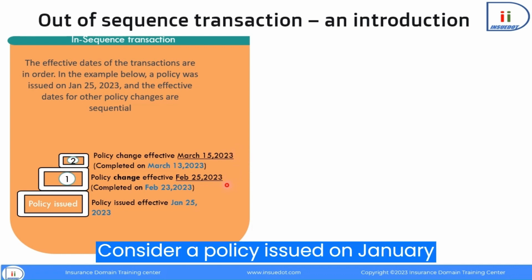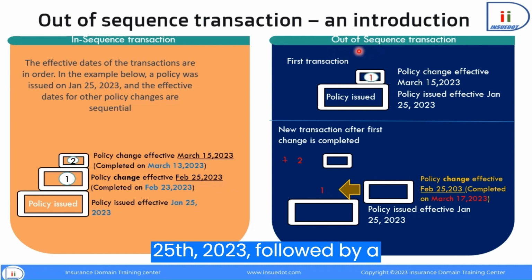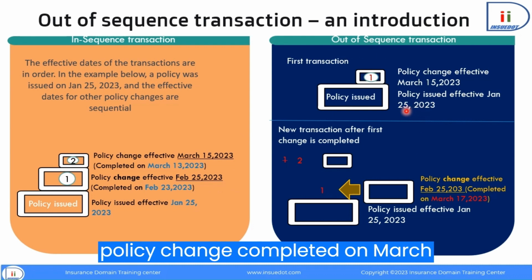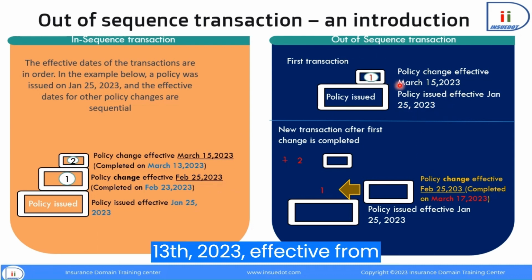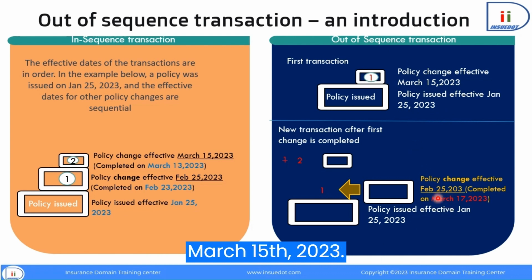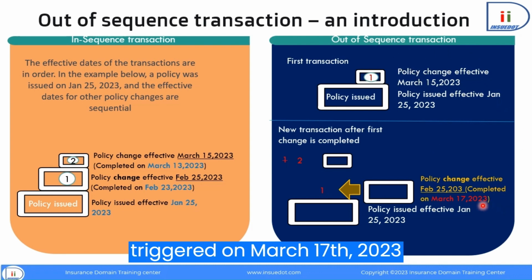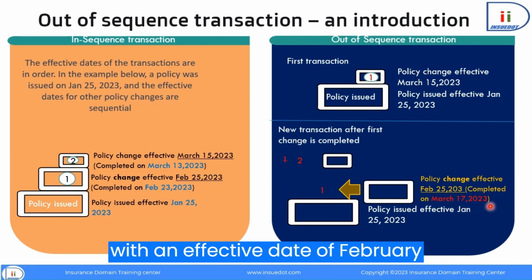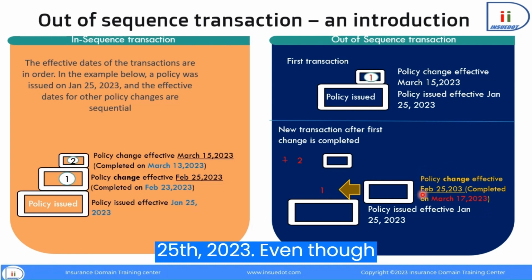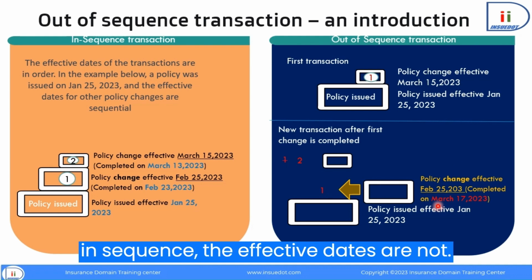Consider a policy issued on January 25, 2023, followed by a policy change completed on March 13, 2023, effective from March 15, 2023. Subsequently, another transaction is triggered on March 17, 2023, with an effective date of February 25, 2023. Even though the triggering and completion dates are in sequence, the effective dates are not.